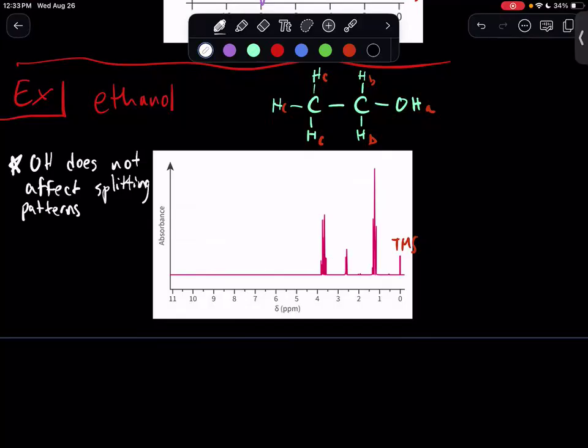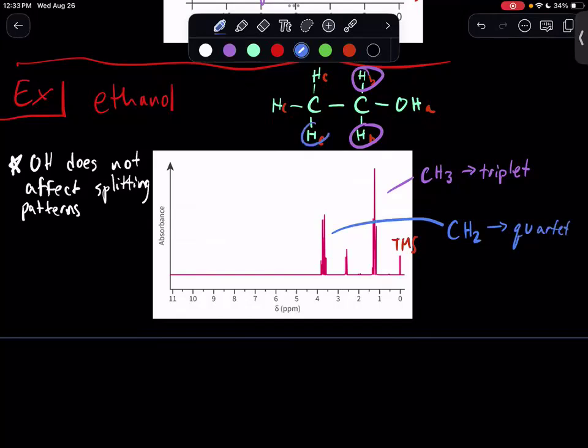So because of that, if we look at CH3, this is our CH3, we have a triplet. That comes from the two Bs. If we look all the way over here, this is going to be our CH2. We have a quartet because it's only affected by the CH3 carbons because, again, OH does not affect this.